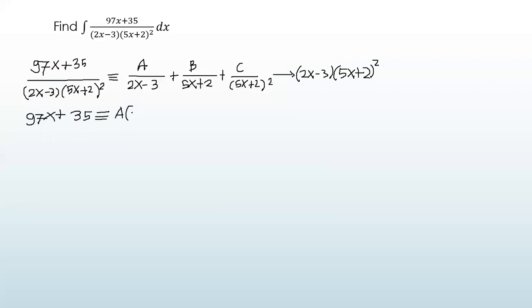It's going to be a times (5x plus 2) squared. And if you multiply with this b over 5x plus 2, it becomes b times (2x minus 3) times (5x plus 2). And if you multiply with this c over (5x plus 2) squared, it's going to be c times (2x minus 3).